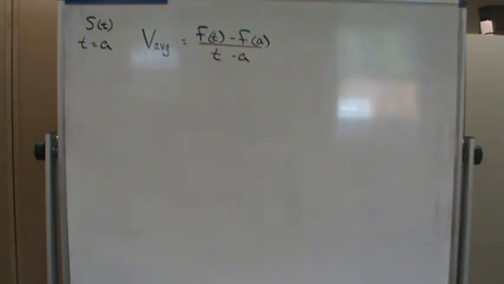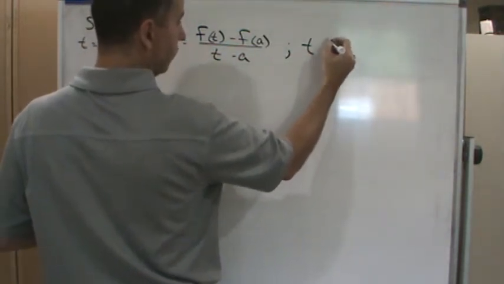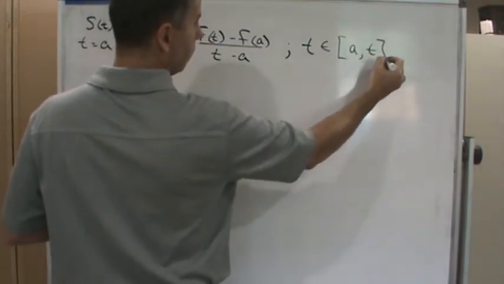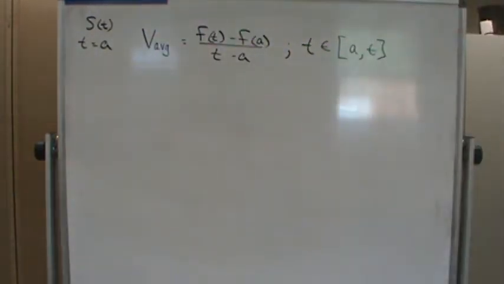This is the average velocity over the time interval a to t, for t in the interval from a to t, and the other thing too is a is less than t.